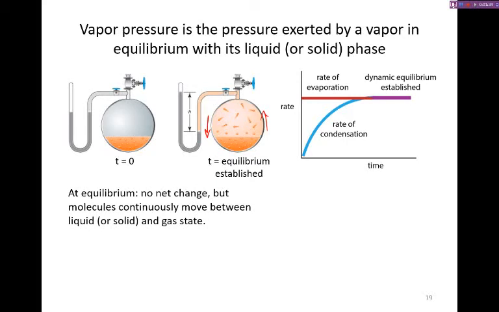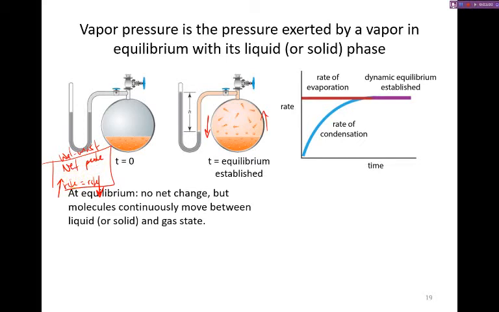And at equilibrium, there's no net change, even though there's molecules going back and forth. So think of this like you're going into a store. I don't know, pick your favorite store, go to Walmart or whatever. And you've got your in and your out. And if the rate going in equals the rate going out, then the net number of people inside does not change.